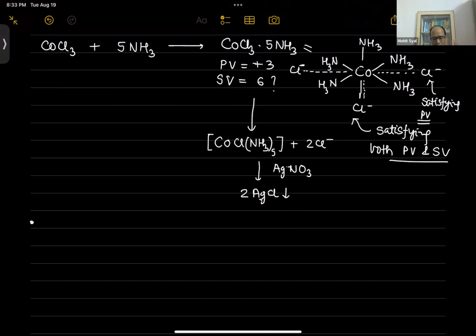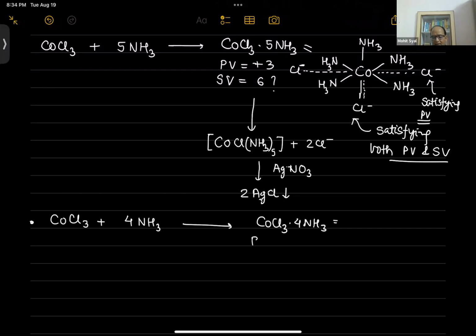He also found 2 more types of compounds formed by cobalt chloride and ammonia. In this case, only 4 NH3 molecules were being used. So what may be happening?